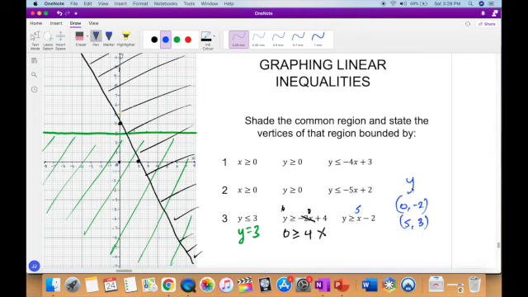So this is for the line y is equal to x minus 2. When x is 0, y is negative 2. When x is 5, y is 3. So that goes right here. And so this is the line that we're talking about.